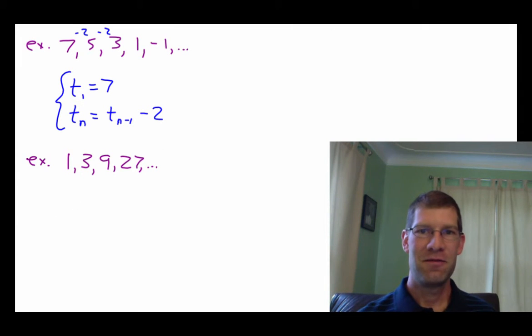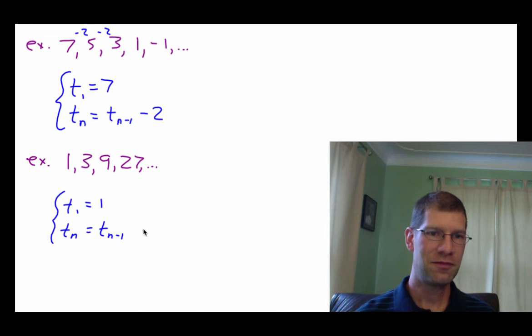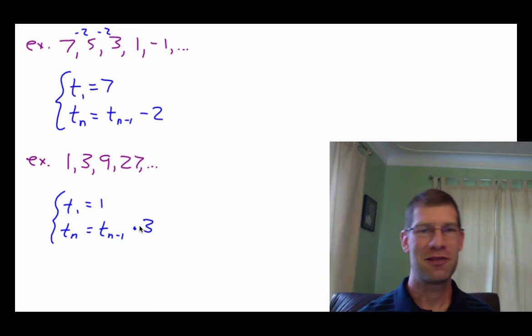All right, then to write our formula, we'd say T sub 1, the first term, is 1. And then the nth term, T sub n, is going to be the number before it, and in this case you do times 3. Or if you wanted to, you could do 3 times T sub n minus 1. That's really kind of the gist for these.